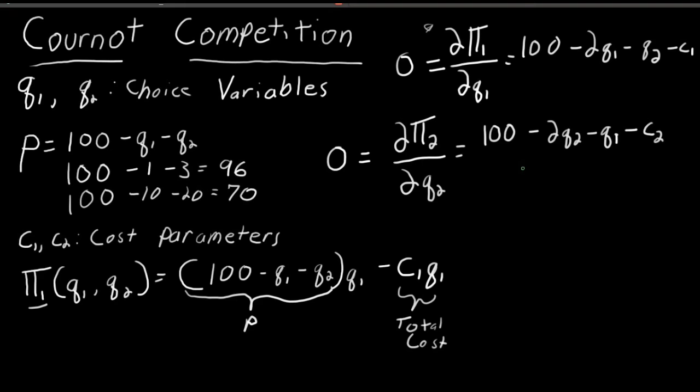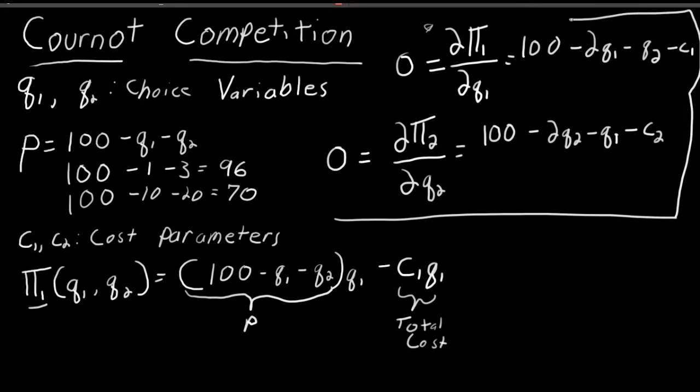Turns out though, players don't know what the other player is going to do, but remember the definition of Nash equilibrium. It is such that no player has an incentive to change their action given what the other player is doing. What does that mean? That means that both of these equations need to be satisfied simultaneously.